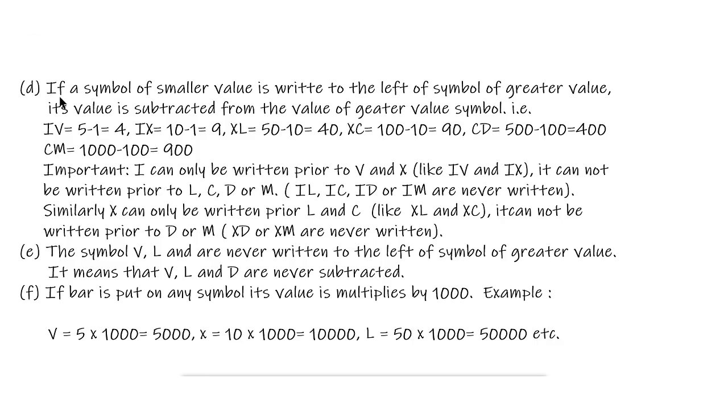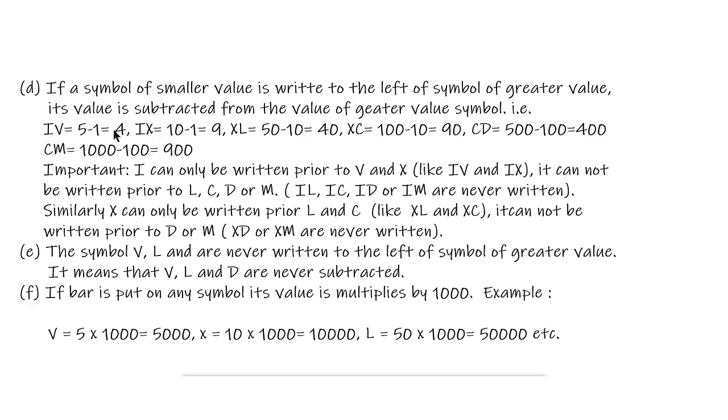Rule D: if a symbol of a smaller value is written to the left of symbol of greater value, its value is subtracted from the value of greater value symbol.